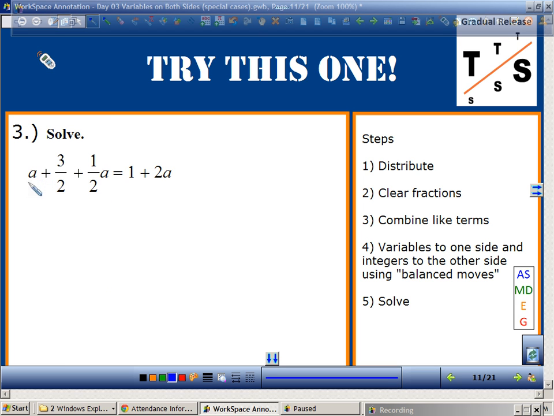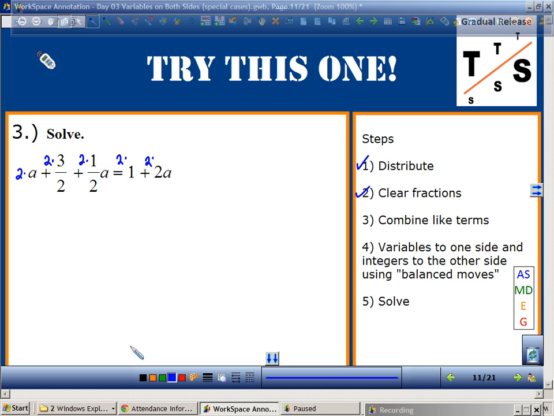Perfect. Okay, so I don't need to distribute anything. Can I combine anything? Yeah. What can I combine? But they have fractions. Let's just leave that alone for a second. Let's clear the fractions. So what can I multiply everybody by? So I'm going to multiply 2 times A, and 2 times 3/2, and 2 times 1/2 A, and 2 times 1, and 2 times 2A.